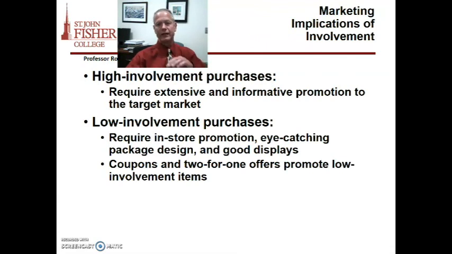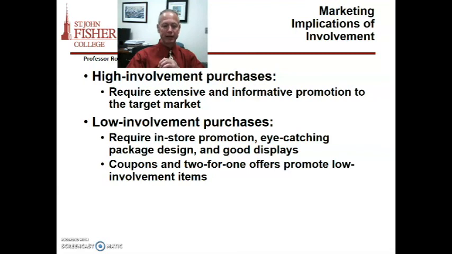So, marketing implications. For high involvement purchases, generally speaking, people are very prone to advertising, very prone to communication. Those commercials generally have a lot of features and benefits in them, have a lot of emotion in them, and they really drive to the target market. For low involvement purchases, you see a lot of in-store promotion, or what I call POPs, point of purchase material.